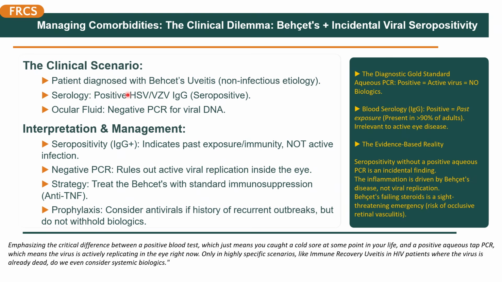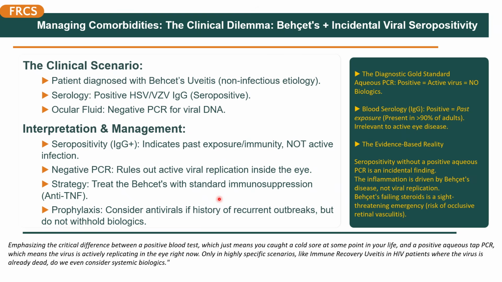More than 90% of the population are seropositive for HSV and VZV. So the gold standard for our management of the patient is based on the PCR. If the PCR is negative, this indicates that your patient has no active viral uveitis, and the uveitis you are seeing is due to worsening or uncontrolled Behçet uveitis. This is number one, and it should be kept in your mind.